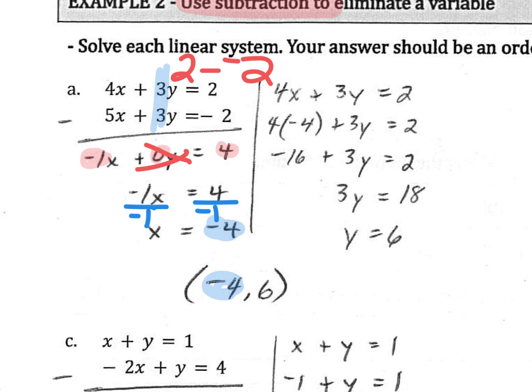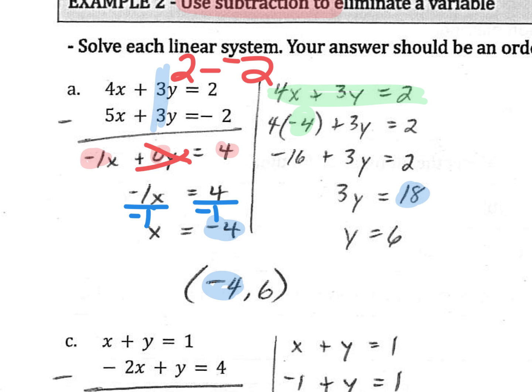That's when we take our x number and we plug it back into one of the equations we started with. 4x plus 3y equals 2, but then we change the x to negative 4. 4 times negative 4 is negative 16. If I add 16 to both sides, my 2 turns into 18.